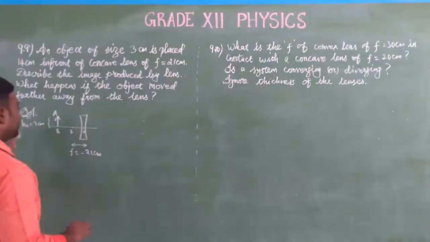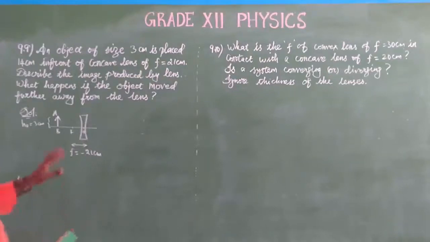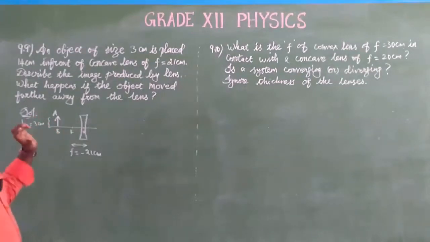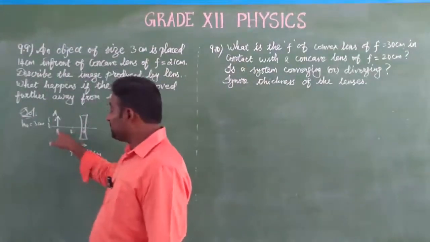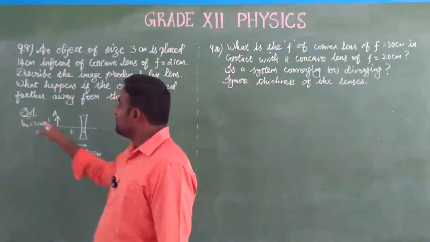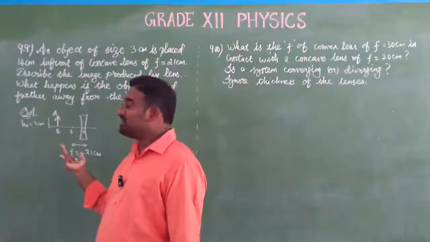If the object moves further away from the lens, there is no change, because a concave lens always produces a virtual, diminished image. The object may be placed anywhere on the principal axis, between infinity and the optic center. There is no change in the image.